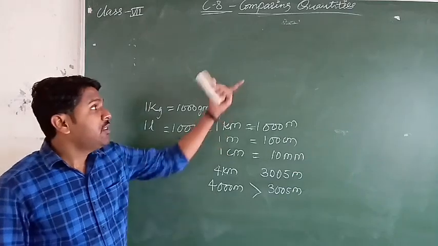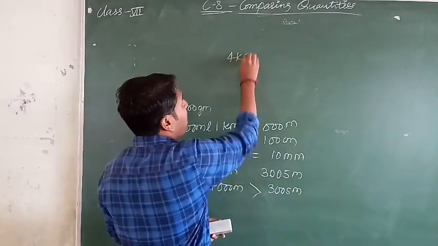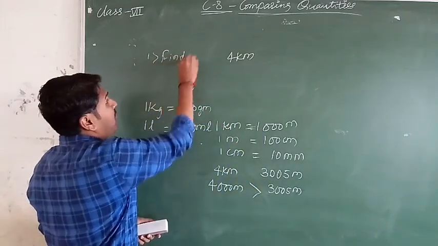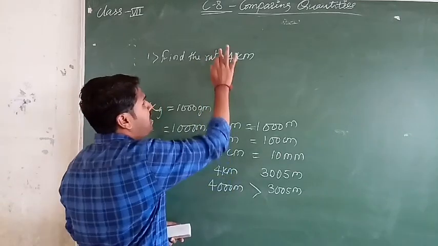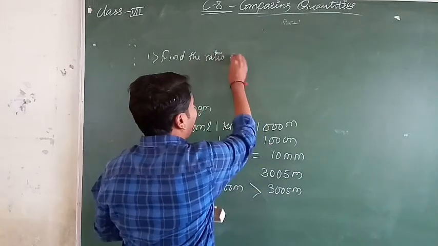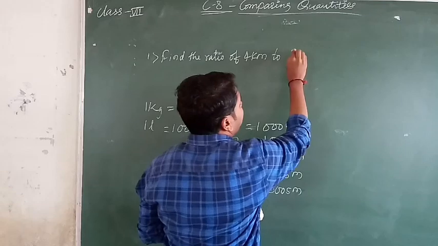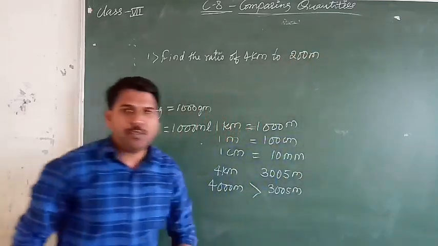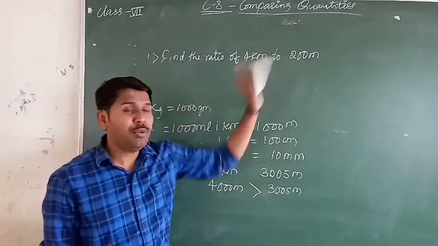Like that, in the ratio, find the ratio of 4 kilometer to 200 meter.